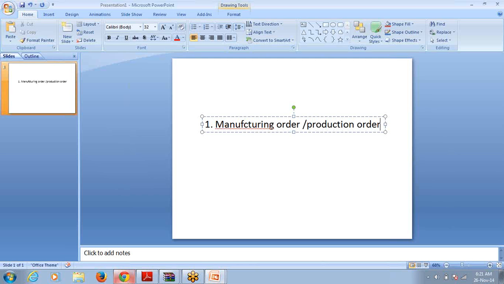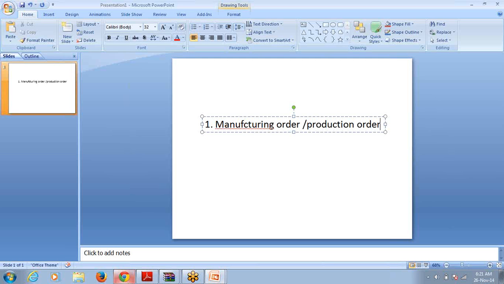In real-time organizations, as most of you know, for every activity there should be documentary evidence. Let us say our company is LG company. The production manager today has issued one order to the production supervisor to start producing 1000 refrigerators of 500 liters capacity each.